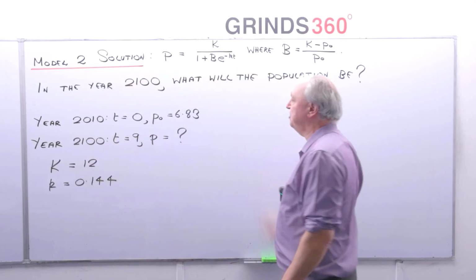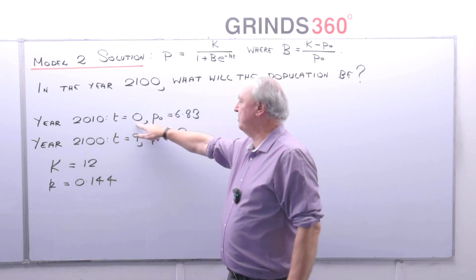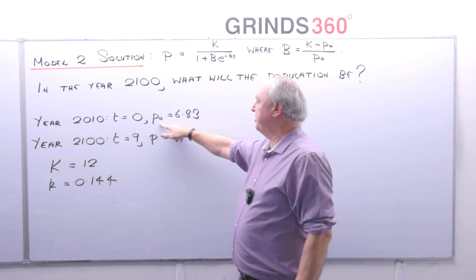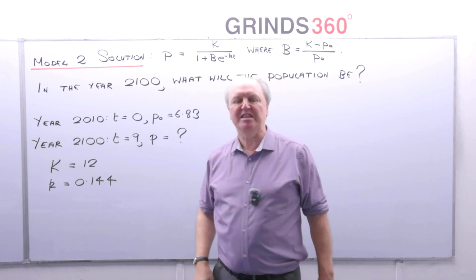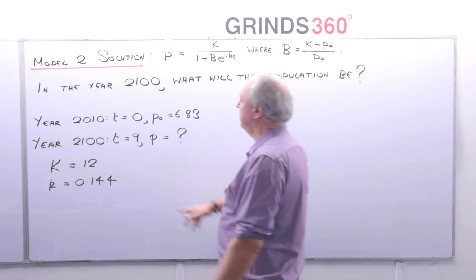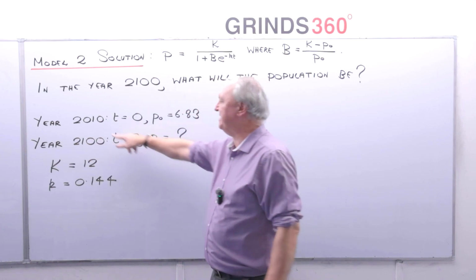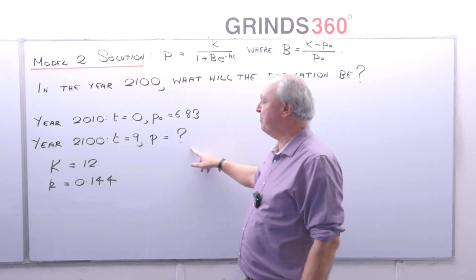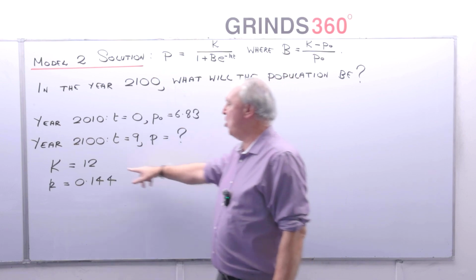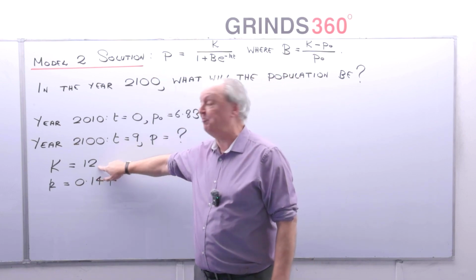So there's my solution. In the year 2010, t is equal to 0, and the population there was 6.83 billion. So that was in our table of results. The year 2100, t is equal to 9, 9 decades after that. What is the population? We know the estimate of the carrying capacity for the Earth's population is 12 billion.